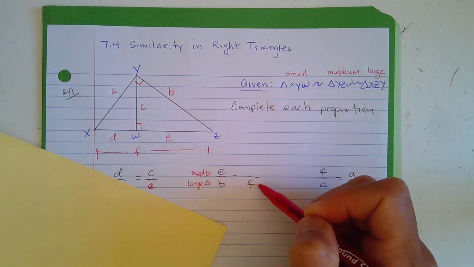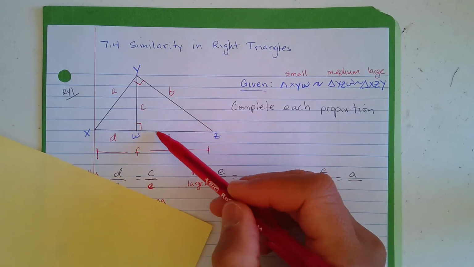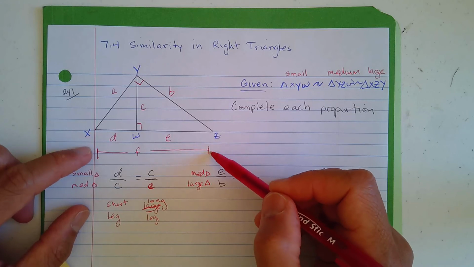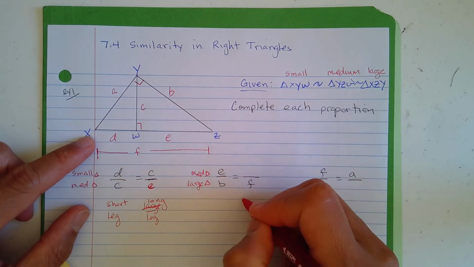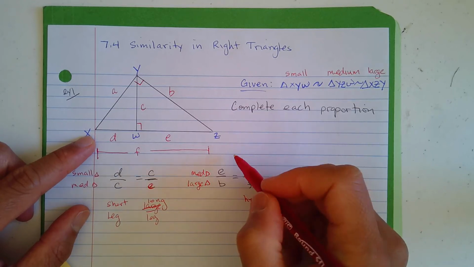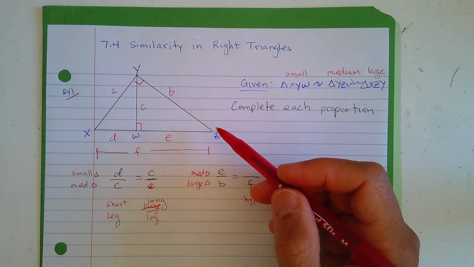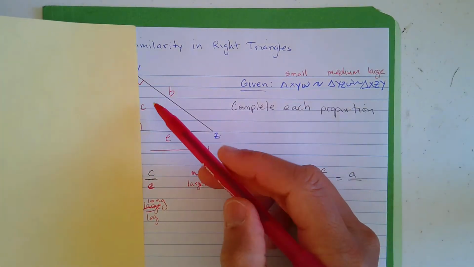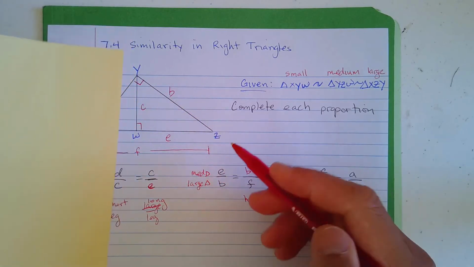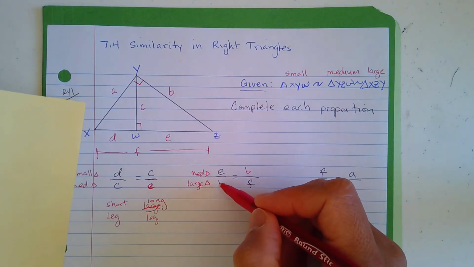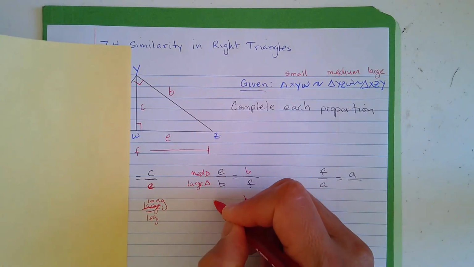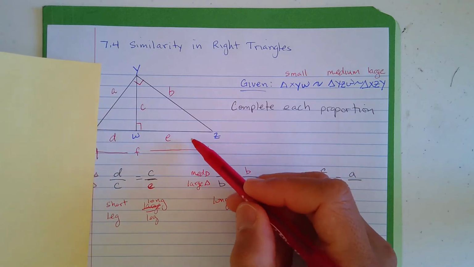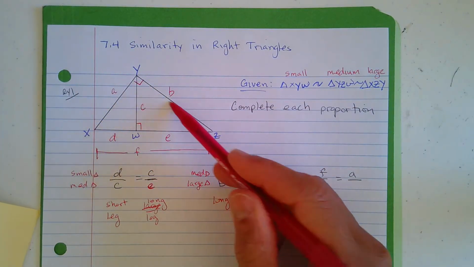Now let's look at the large triangle F. F is the hypotenuse of the large triangle, and for the medium triangle, the hypotenuse is B. Earlier we said that in the medium triangle, this is the long leg. And if you look at the large triangle, B is the longer leg.